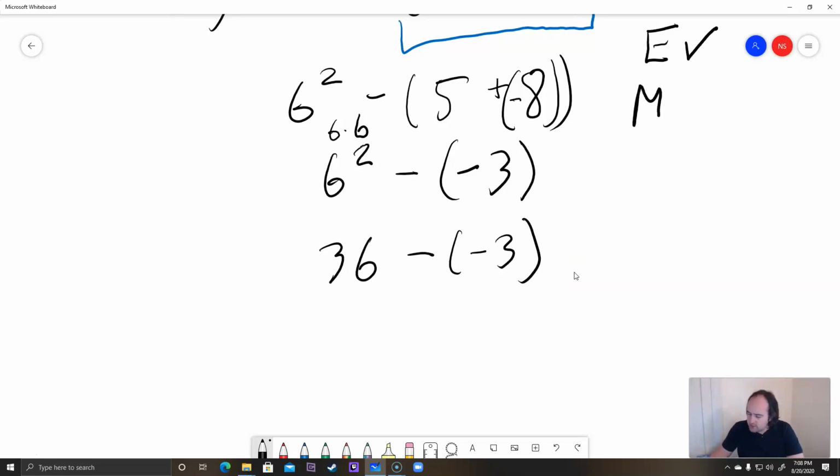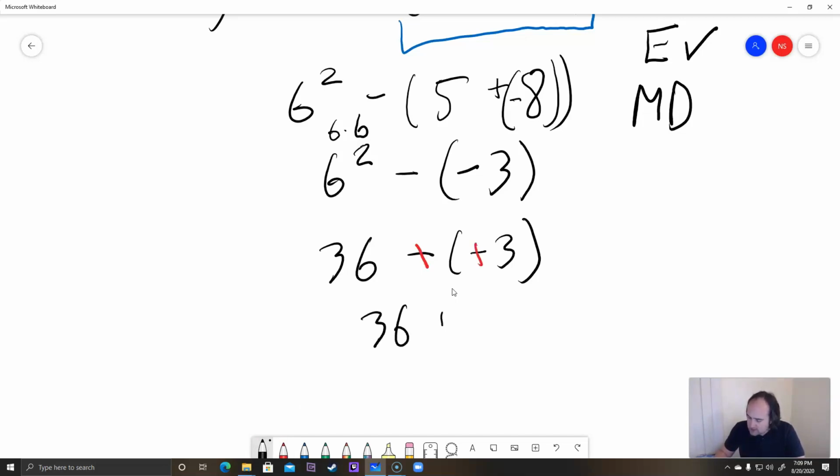So the next thing is multiplication and division from PEMDAS. And the multiplication here is really this minus times negative 3, which you could also think of as subtraction. But remember, if you're subtracting, you switch the sign and add. So in other words, these 2 minuses are going to cancel out. Okay, so if we cancel out those 2 minuses, we're going to get positive 3.